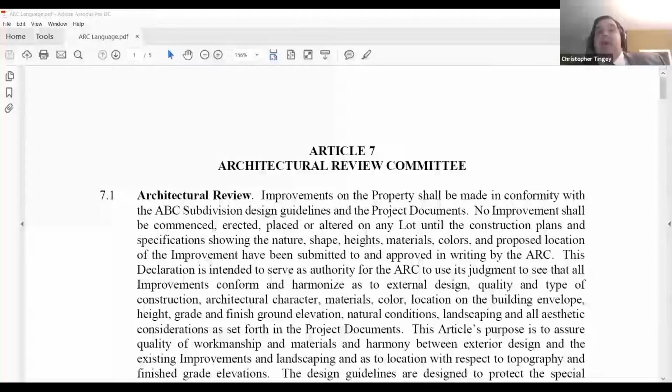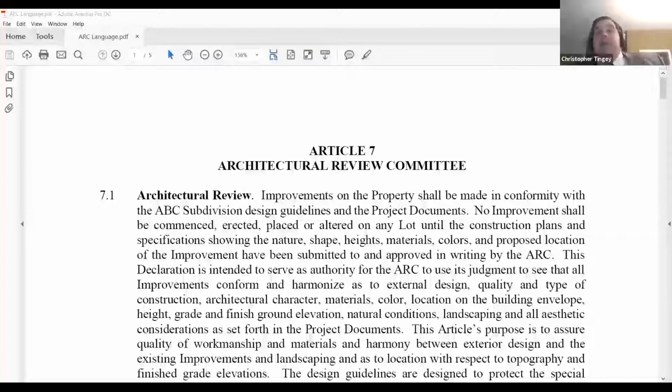I've changed both of them now. It says Deschutes County. It's not really a Deschutes County Association. And it's not really the ABC Homeowners Association, which you'll see up here. But it is a pretty detailed architectural review committee provision. Your documents may not have as much detail, and that's okay. We live with what we've got.